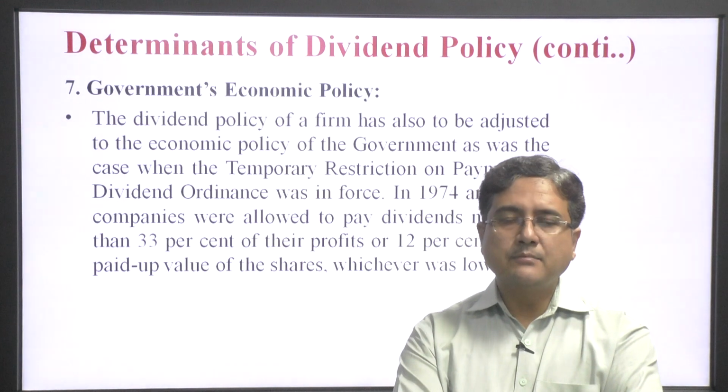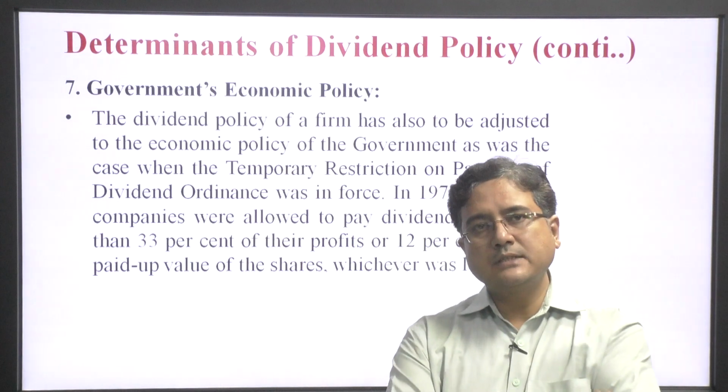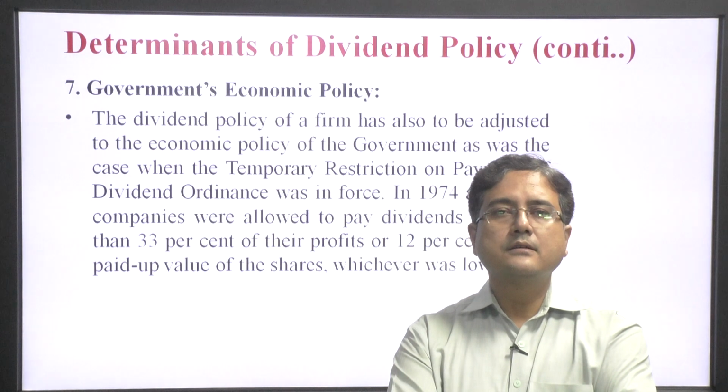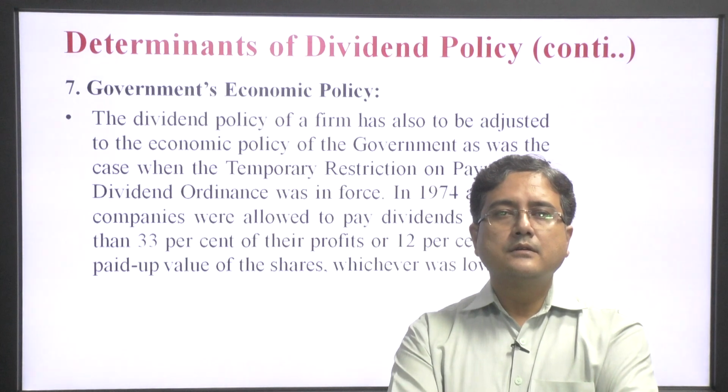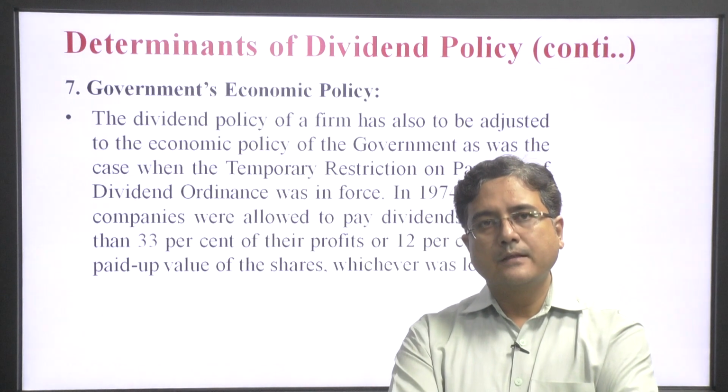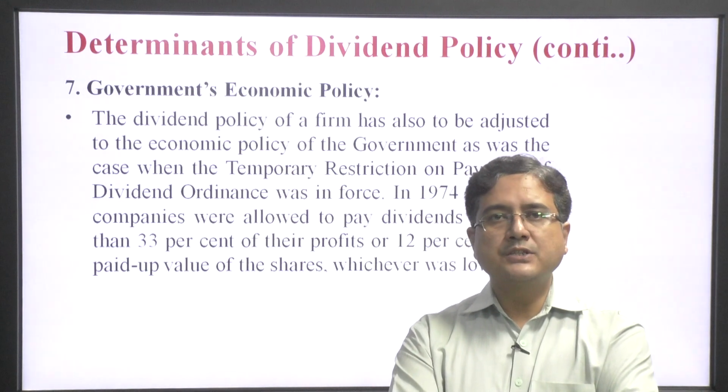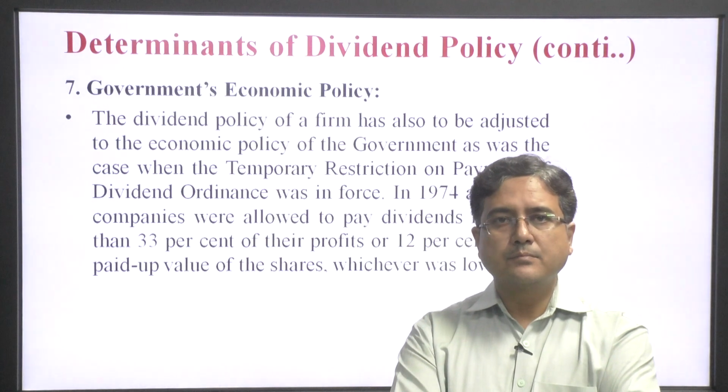This economic policy was quite helpful for companies, and they also made changes to their dividend policies.